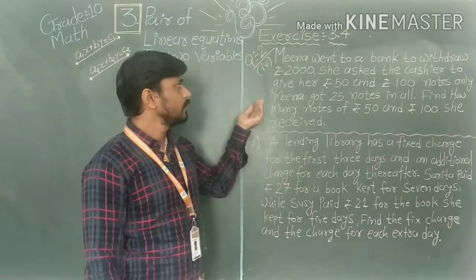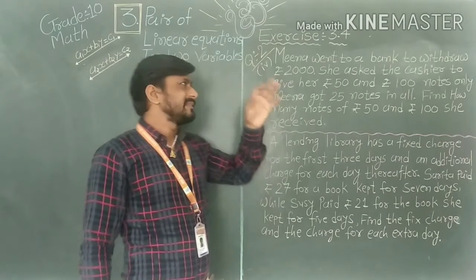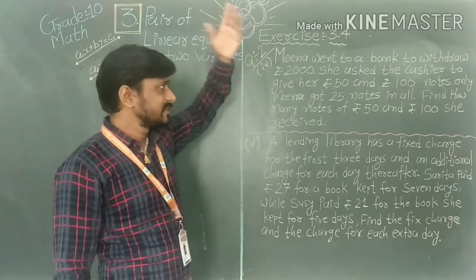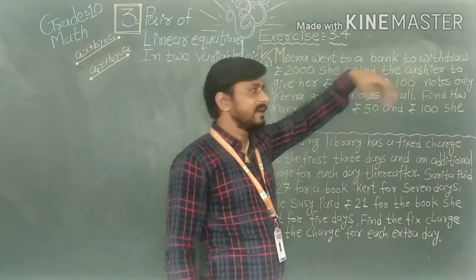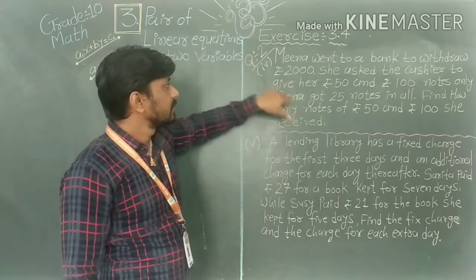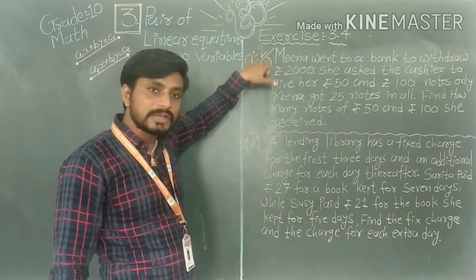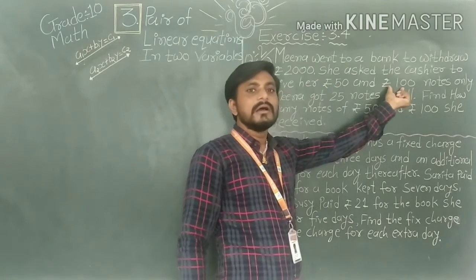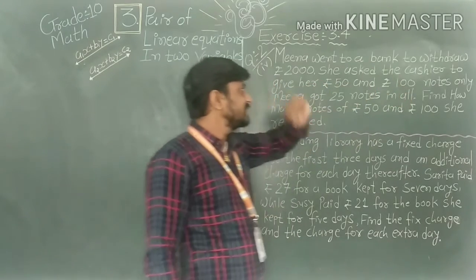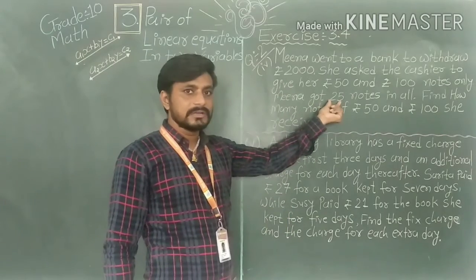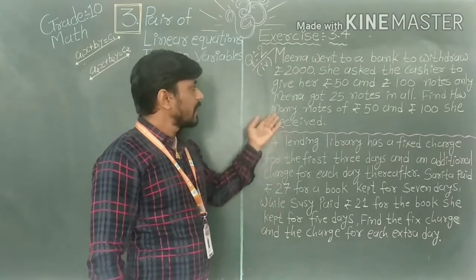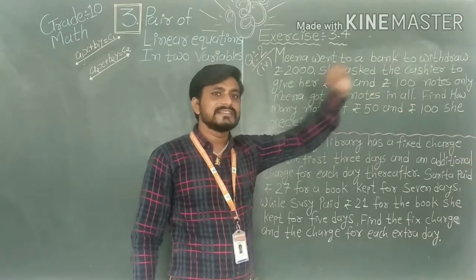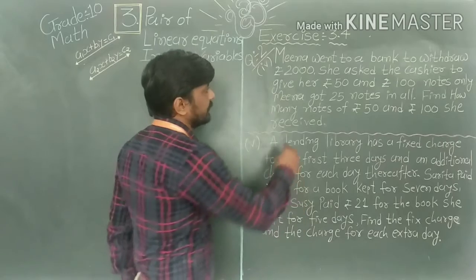Look at this word problem. There is a girl, her name is Meena. She went to a bank and asked the cashier to give rupees 2000, but in rupees 50 and rupees 100 notes, and she has a total of 25 notes. We want to find how many notes of 50 and how many notes of 100 she has.